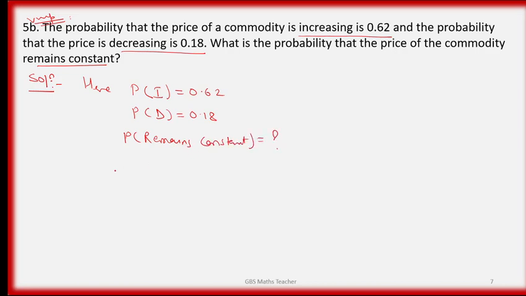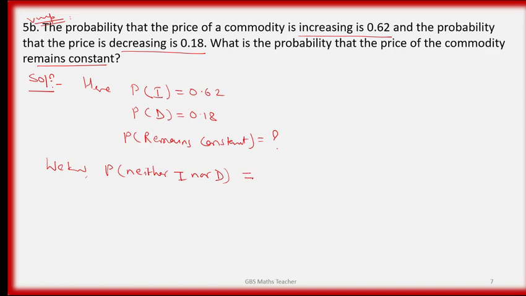We know the meaning of remains constant is the probability of getting neither I nor D: it can neither increase nor decrease.